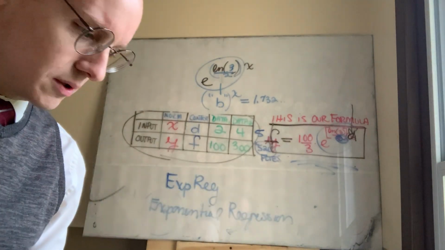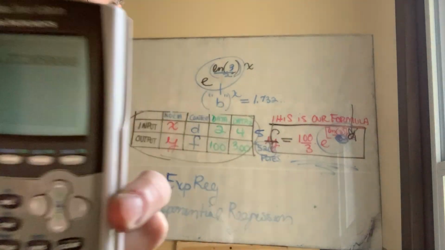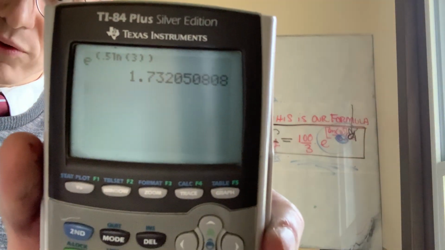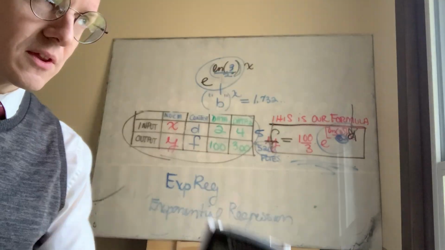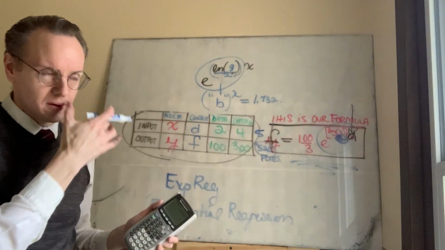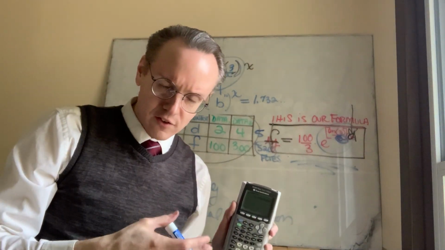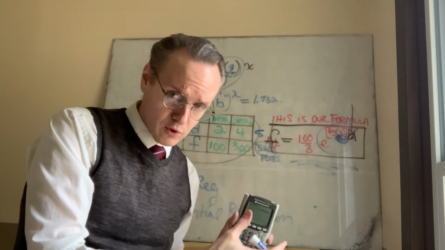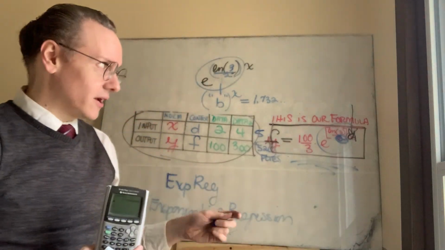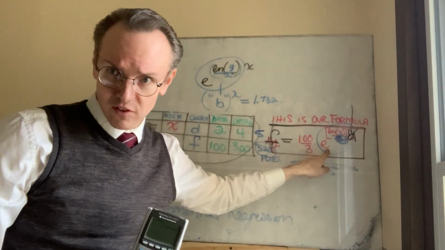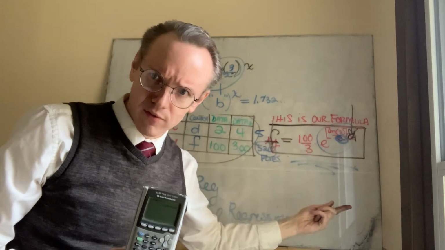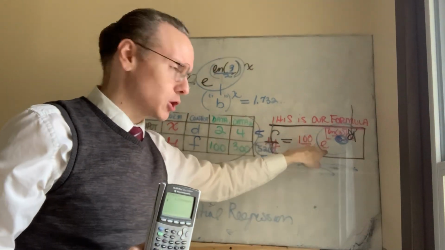The natural log of 3 is the decimal 1.73205. The only downside to having the calculator do the work for you is that if you're not really familiar with what's happening here, you may not realize that that really is what the base is. It's giving you the decimal equivalent rather than the actual function.